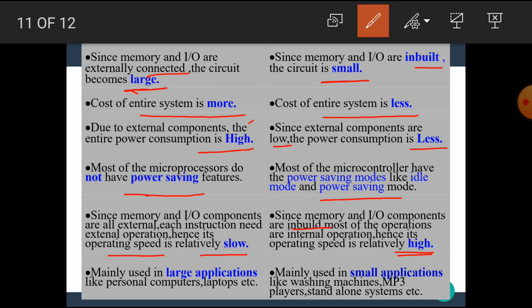Microprocessors are mainly used in large applications like personal computers, PCs, laptops, etc. Microcontrollers are mainly used in small applications like washing machines, MP3 players, standalone systems, etc.